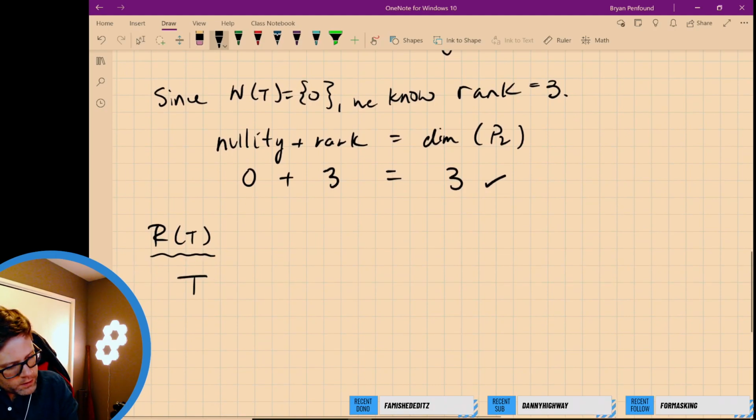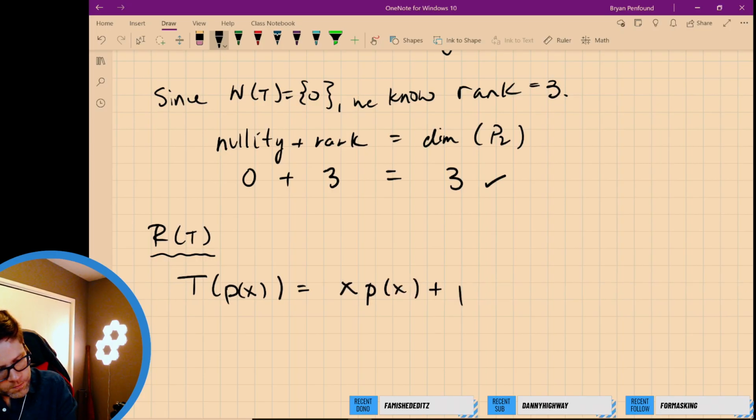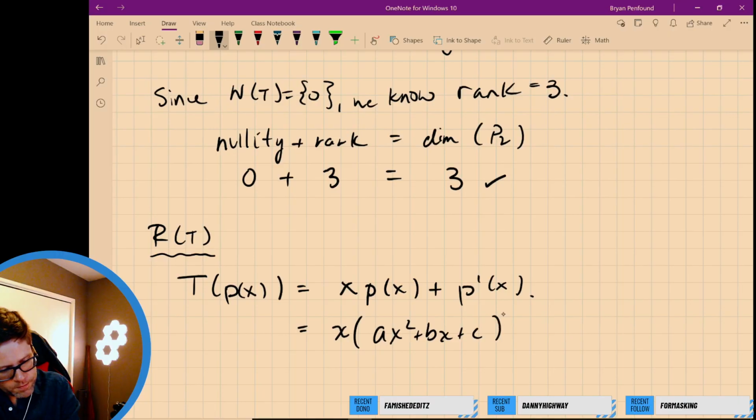So if I toss a polynomial through this transformation, this is what happens. And this particular polynomial, we know we can write it as, say, ax squared plus bx plus c. And its derivative would be 2ax plus b.